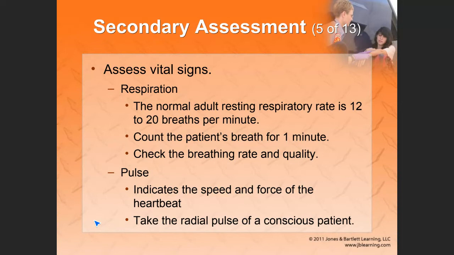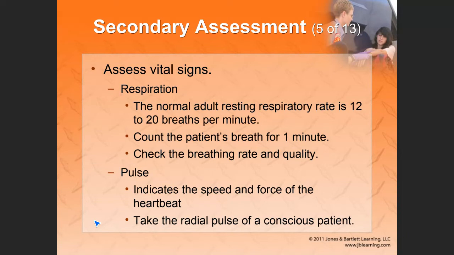So, count the patient's breaths for 1 minute and check the breathing rate and quality. So rate and quality. How many breaths per minute? Is it regular? Is there muscle use? Are there abnormal sounds? Can you see good chest rise or visible chest rise?